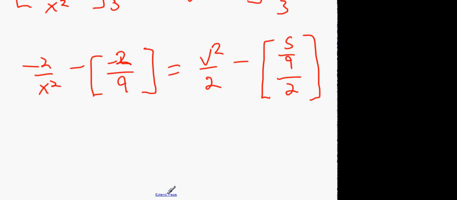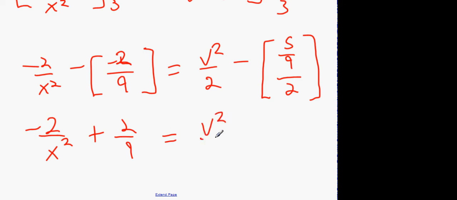Okay, so it's going to be minus 2 over x squared plus 2 over 9 equals phi squared over 2 plus 5 over 18. What we've got to do next is minus 5 over 18.